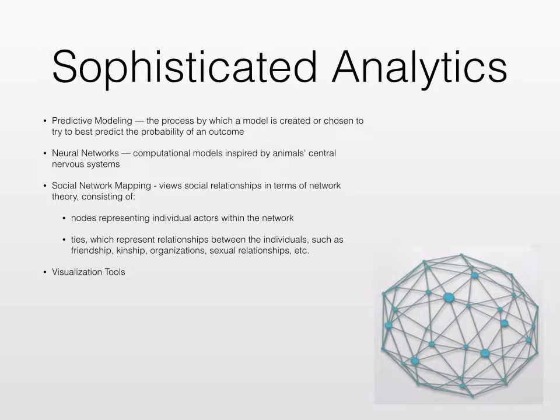It views social relationships in terms of network theory, which consists of nodes, which represent individual actors in the network, and ties, which represent relationships, such as between individuals, such as friendship, kinship, organization, sexual relationships, etc. And then there's the visualization tools, which help render these analytics and make them comprehensible by you and me.